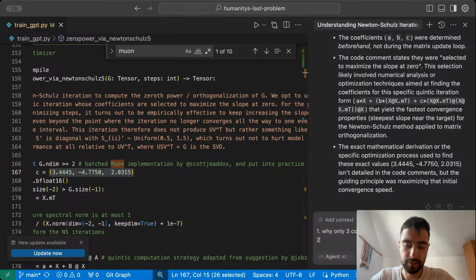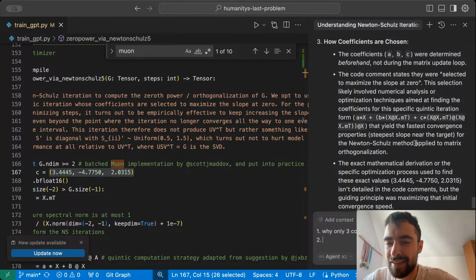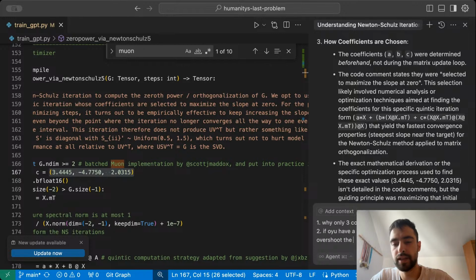Okay, second question. If you have a big slope, doesn't it mean you can overshoot the target? I guess it does, but they are only looking for approximate.